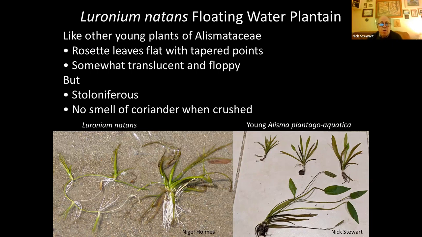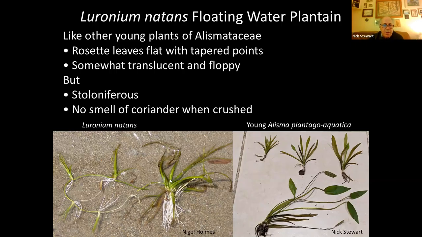So Luronium also produces these leaves, but these are connected by stolons, which you don't get in the normal Alisma.